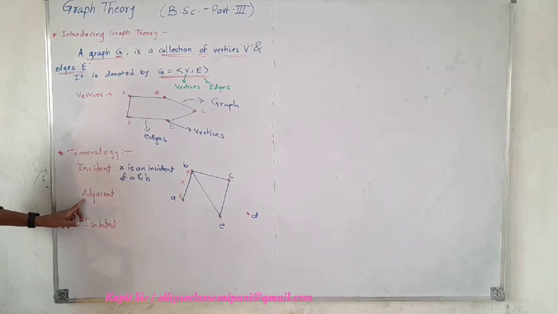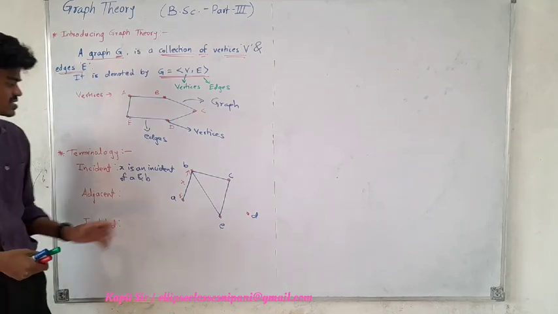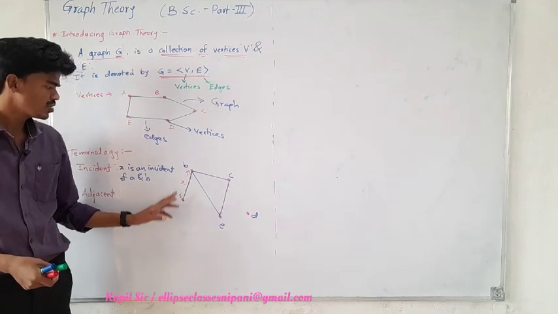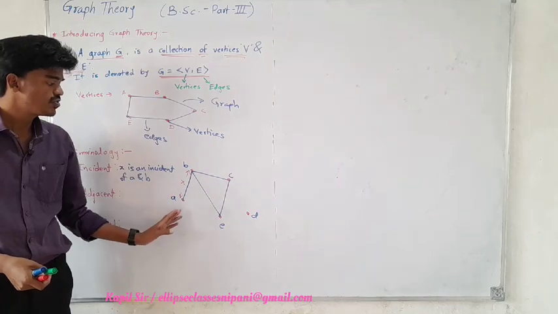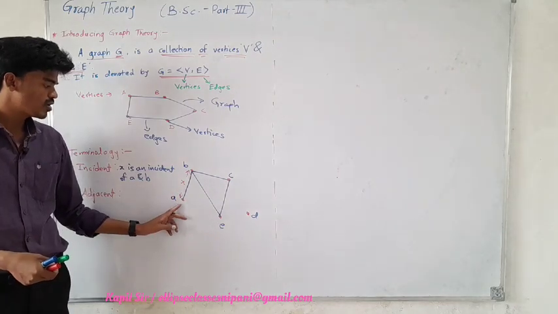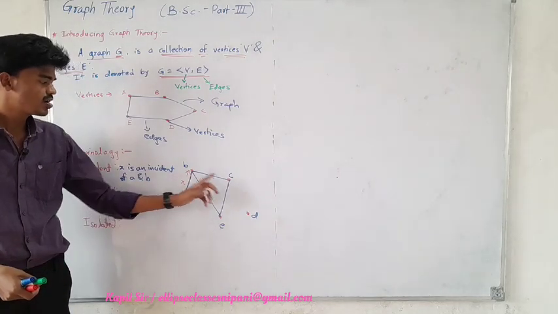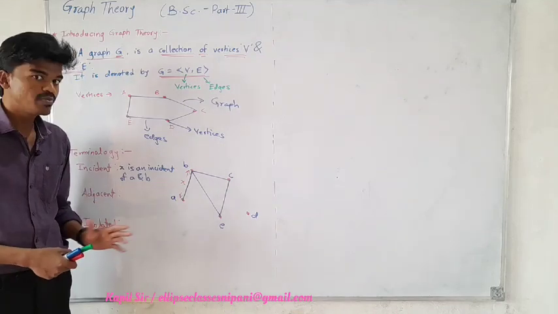So what about adjacent? Adjacent means how many vertices one vertex is connected with, and in how many ways.